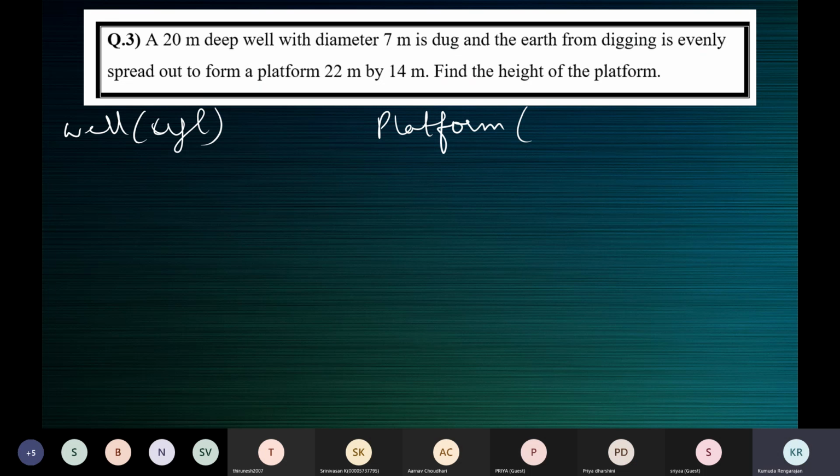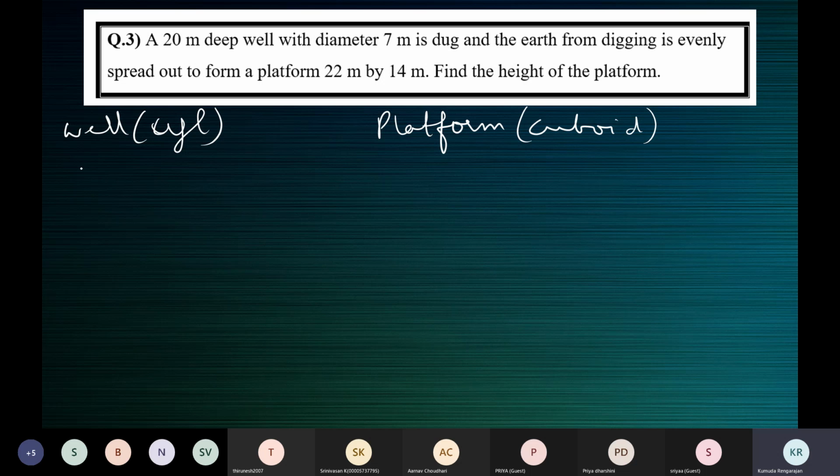The platform has length, breadth, and you'll have to find the height. So the platform is a cuboid, a cuboidal platform, because we're given the length and breadth of the platform, and we have to find its height. So, the cuboidal platform and a cylindrical well.